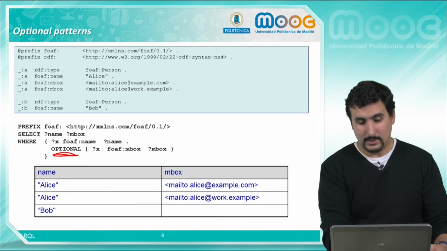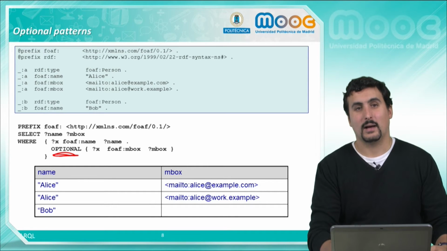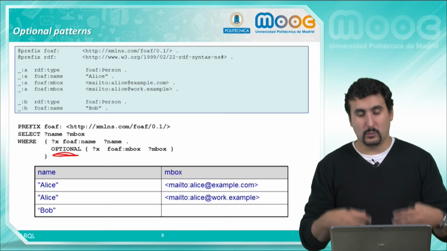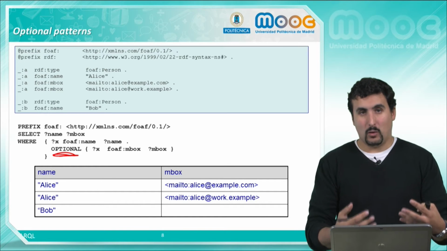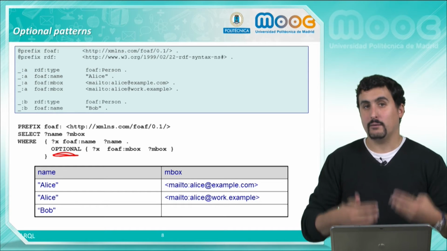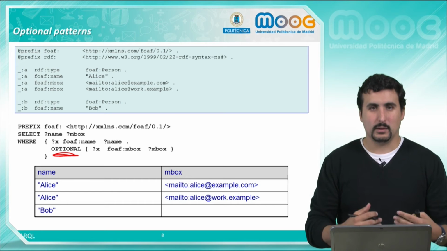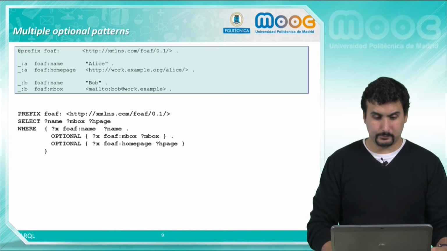We will obtain Alice with the name and the mailbox, and Bob only with the name because it doesn't have any mailbox. So what we are saying here is, give me all these properties, and optionally, if you have the mailbox, if you have this property, I want it as well. But if you don't have it, it's okay. Give me the result anyhow.